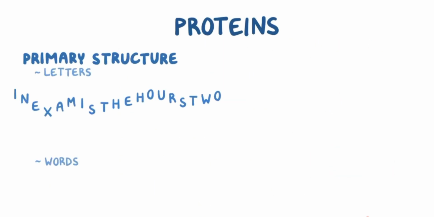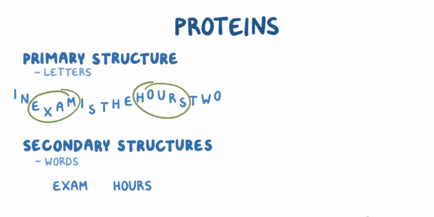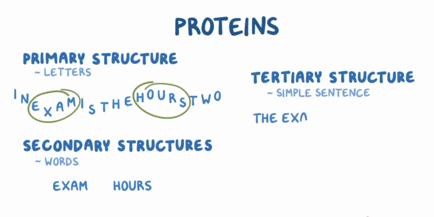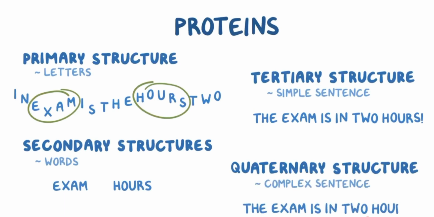Then simple words like exam and hours would represent secondary structures. Tertiary structure would be when the entire chain folds together, maybe making a simple sentence like the exam is in 2 hours. And the quaternary structure might actually be a few peptide chains coming together to form a more complex protein, making a complex sentence that says, the exam is in 2 hours and I haven't slept at all.